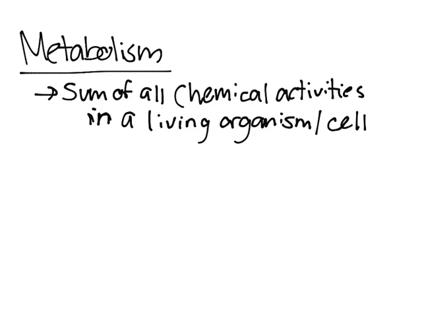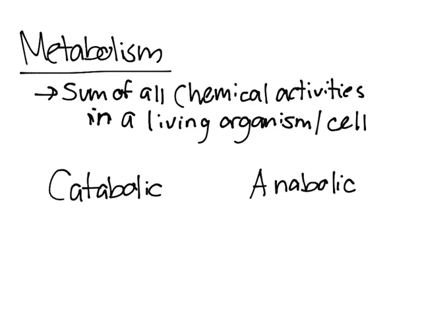And so metabolism, there are two types. They're subcategorized under metabolism. So there's catabolic reactions and anabolic. And so really briefly, anabolic, think of anabolic steroids. These are reactions that build up stuff.